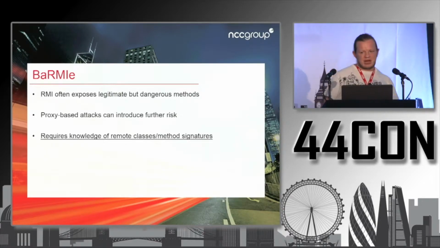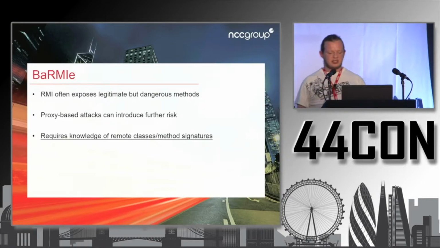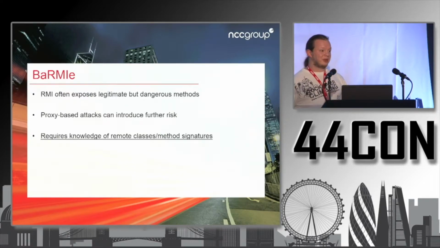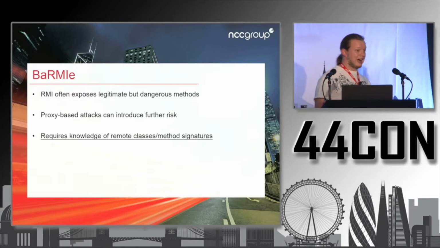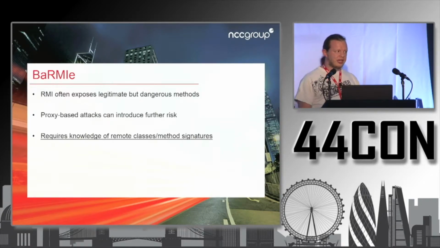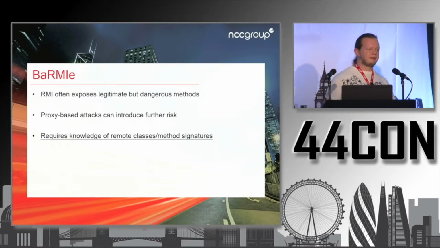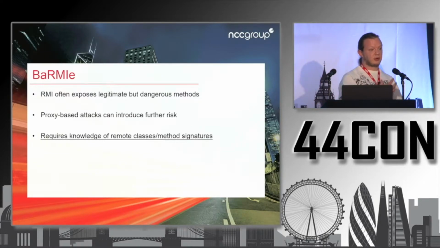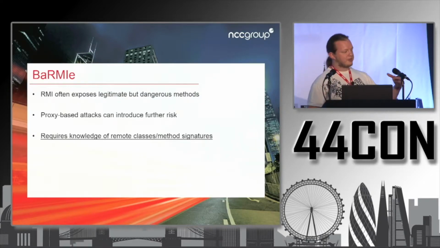Anyone familiar with RMI and vulnerabilities and attacks might be aware of some work by a guy called Adam Boulton in 2008. I ended up doing some similar work, not being aware of that, but he looked at whether you can do a zero knowledge attack against RMI. And what it comes down to is when you actually invoke a remote method over RMI, Java generates a hash, which is based on the method signature.